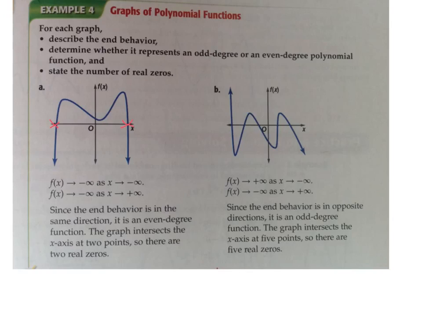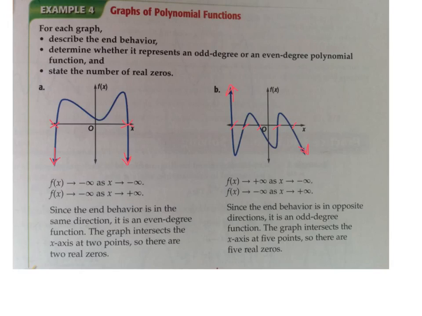It is going down, so it has to be an even degreed polynomial. This one is up on one end, down on the other, so it has to be an odd degree polynomial, and there are 1, 2, 3, 4, 5 real zeros.